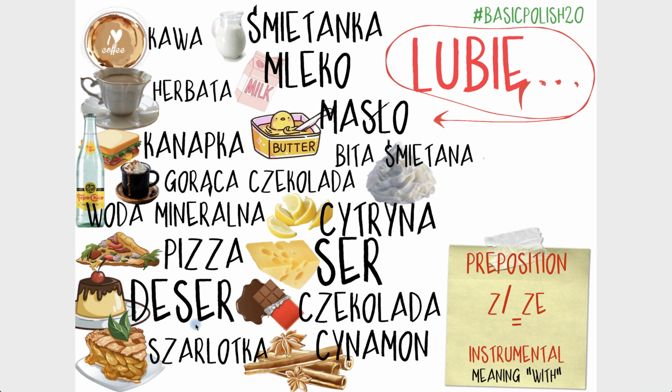Now I like dessert with chocolate. Accusative of dessert will not change because we are not dealing with something that is animate, so we don't need to add or change anything. Inanimate nouns, masculine nouns stay the same. So lubię deser z czekoladą.